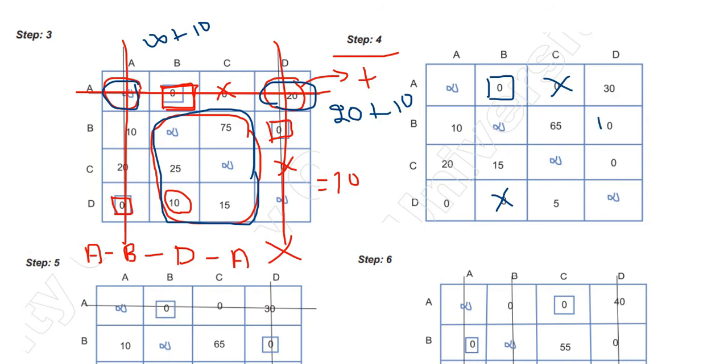Now coming to B column, we have only one 0 over here, so we will keep this. But if we see in C column, we do have another 0, so we'll cross it out. Then the same case for B. Now let's check with C.